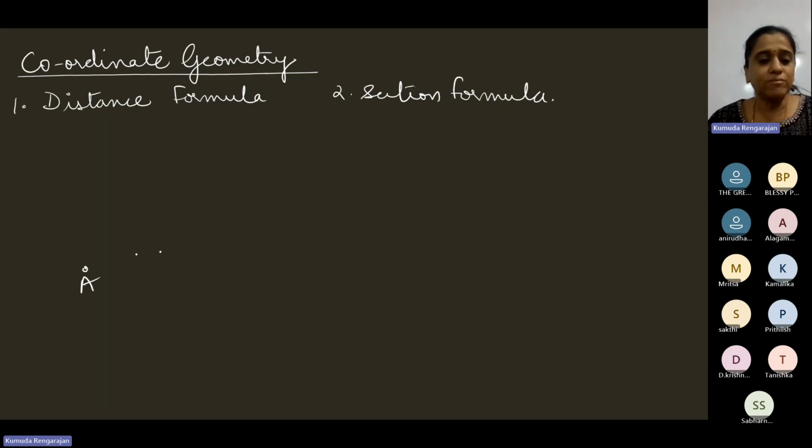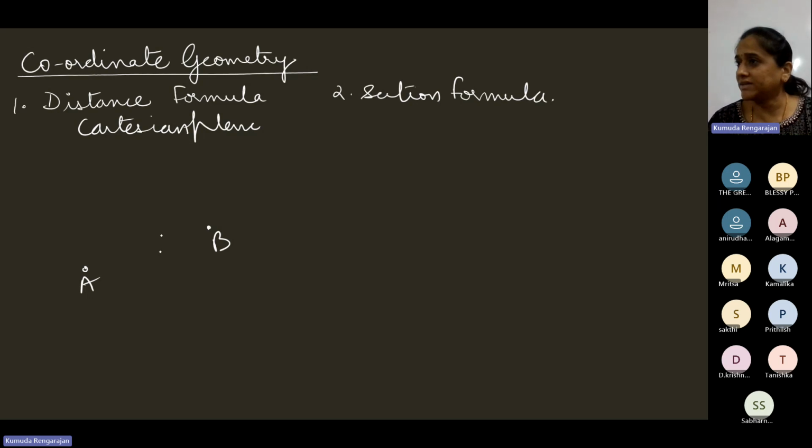Now, point A, point B in the Cartesian plane. All right. So now we have these 2 points A and B lying on the Cartesian plane, and we wish to find the distance between these 2 points A and B, which is the length of this line segment.